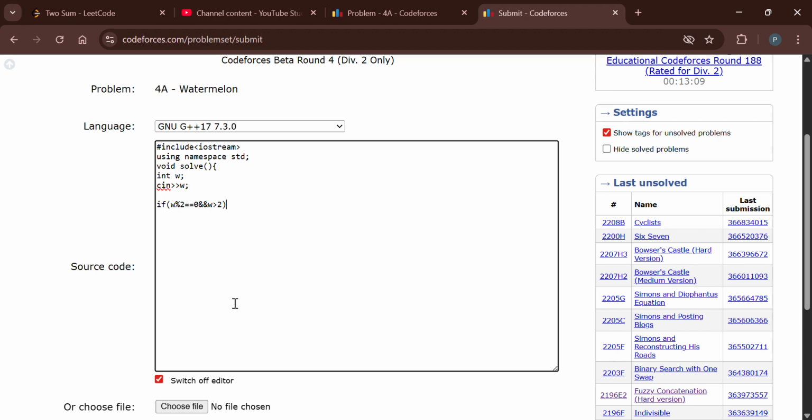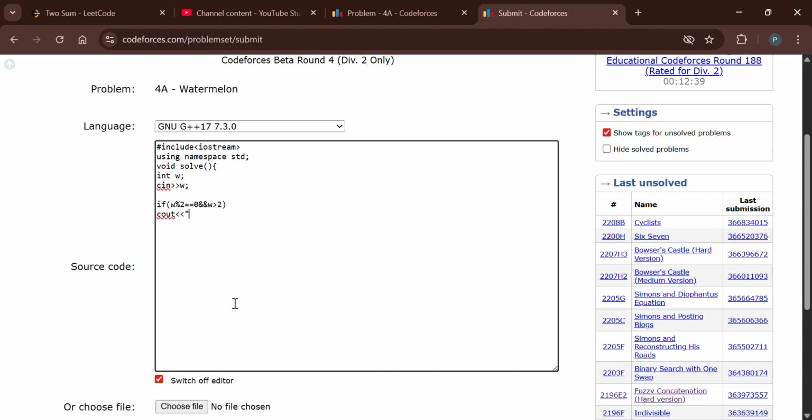Why did I mention weight greater than 2? Assume weight equal to 2. It satisfies the first condition, that it is even, so they can divide it among themselves. But brother A and brother B both get 1 kg, which is odd, which violates our condition. Both need to get even weights, right?